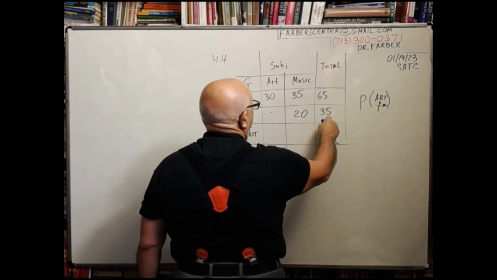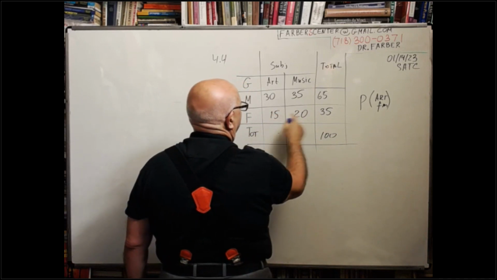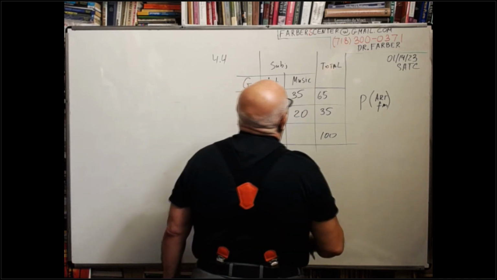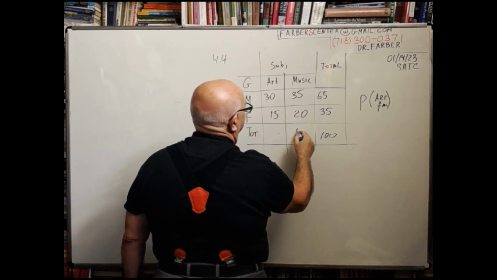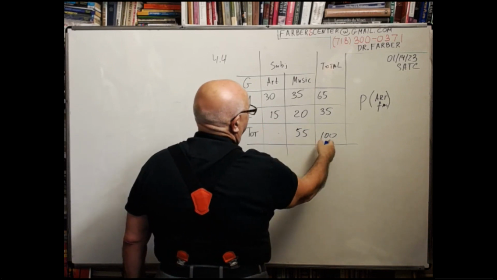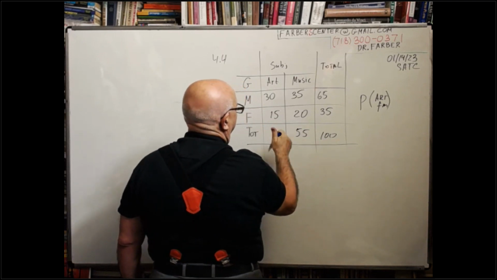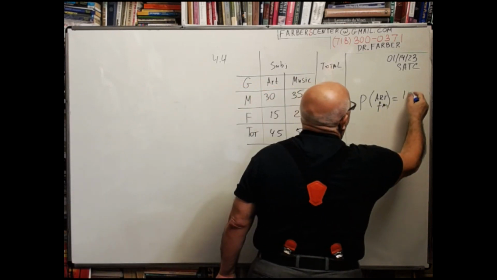If the total is 35, this must be 15. If this is 35, this is 20, this must be 55. If this is 55, this is 100, this must be 45. And it would be 15 over 45.